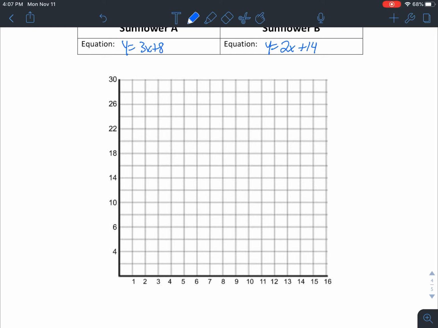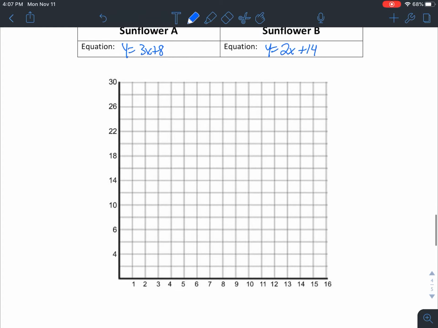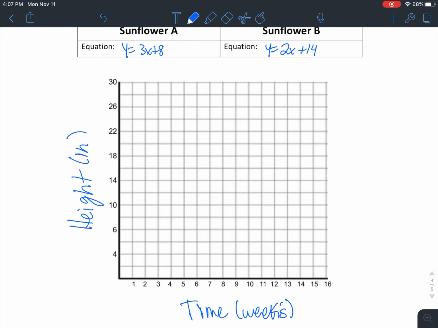Since it's common between the two of them, then we're good. I've already laid this out for us. My x values, we said, were time, measured in weeks. My y value is my height, measured in inches.